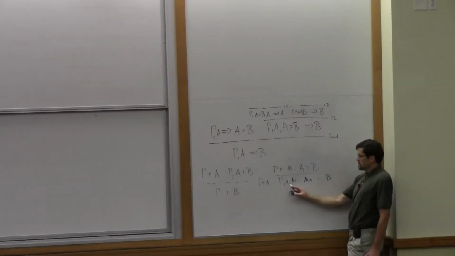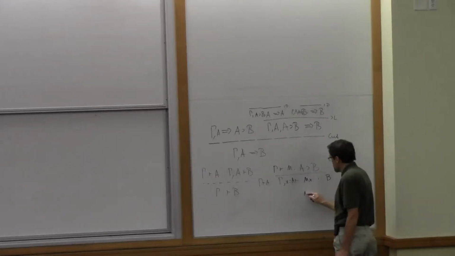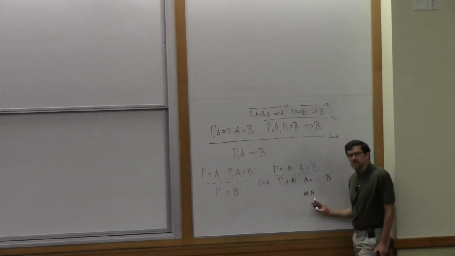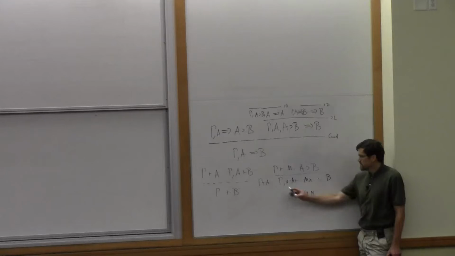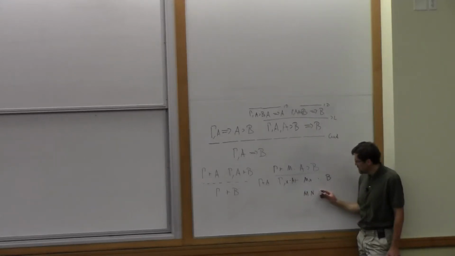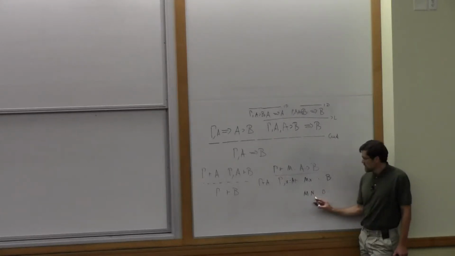But now if you substitute for x, the term would be M applied to N. And what is that the proof term for? For our usual implication elimination rule, the one that we started with. So when we substitute for x, the proof term will be MN of type B. But in order to show that this is a well-typed term, you must type it with the ordinary implication elimination rule.